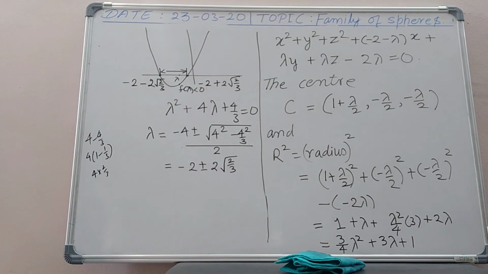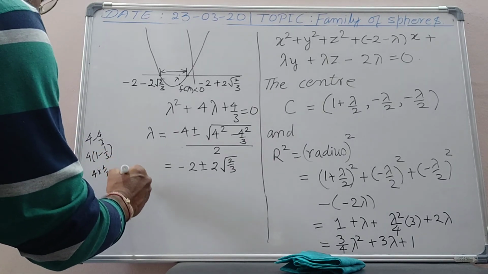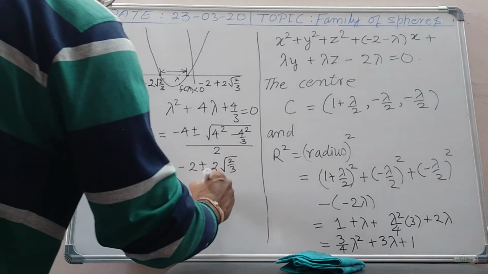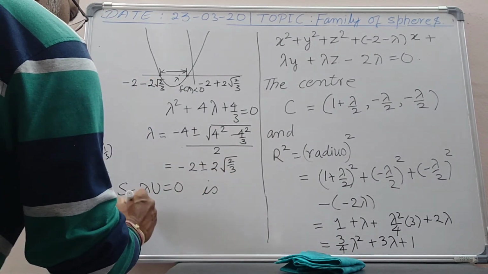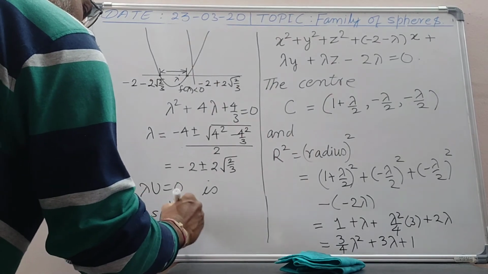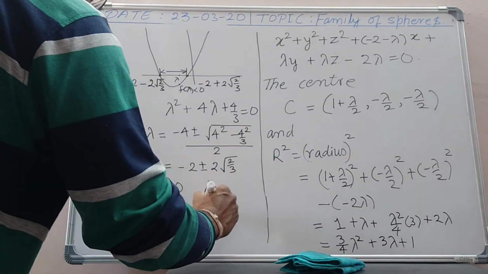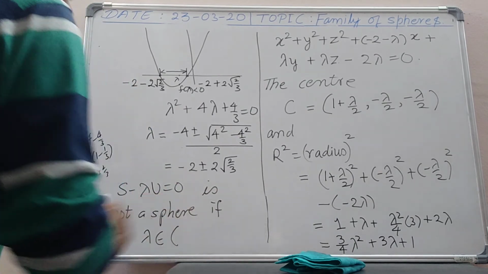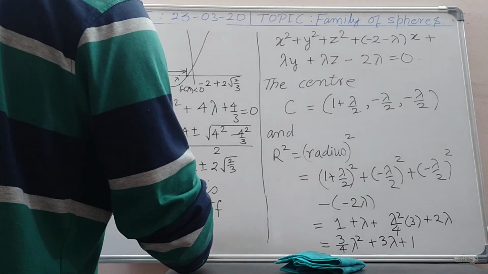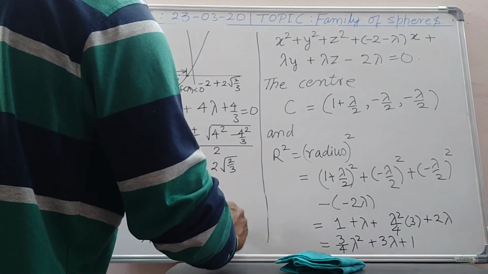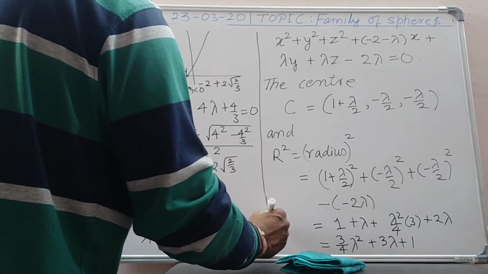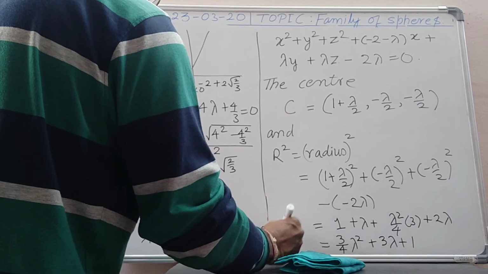Okay, so S plus lambda u equal to 0 is not a sphere if lambda belongs to the open interval minus 2 minus 2 root 2 by 3, minus 2 plus 2 root 2 by 3.